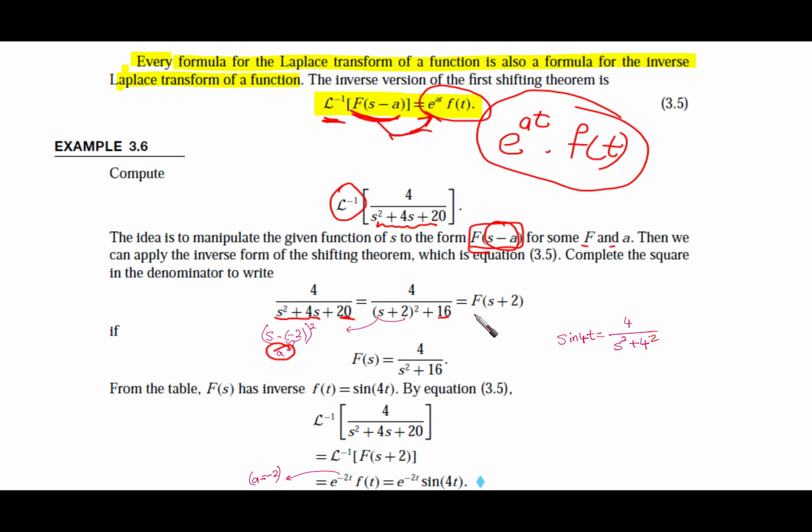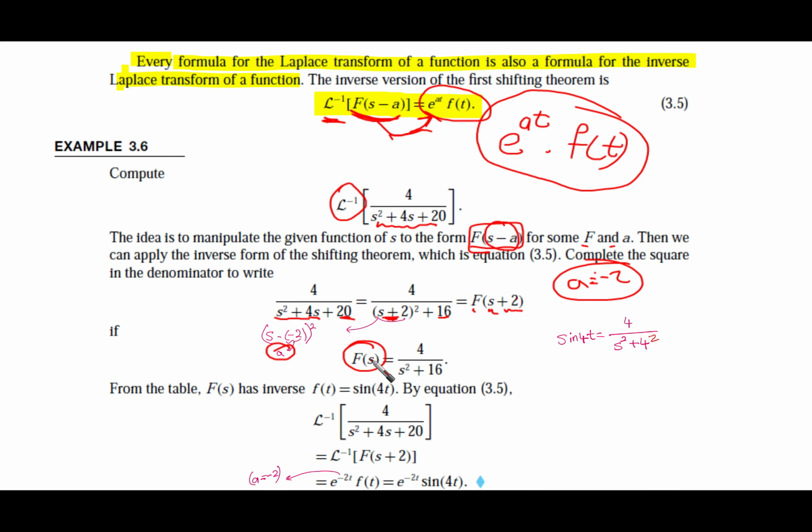Then our Laplace transform is going to be s plus 2, because this is here. So our a, as I said, equals minus 2. Then F of s, of our function, now we are going to apply the shifting theorem.